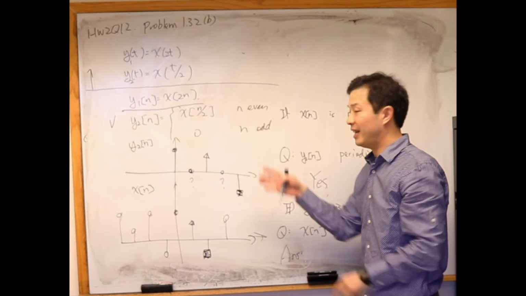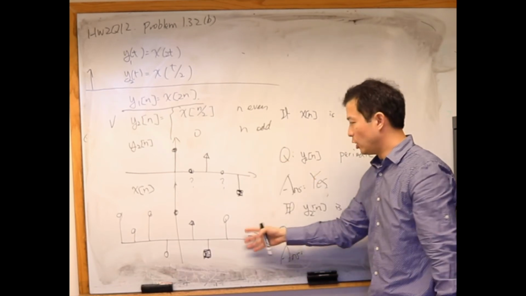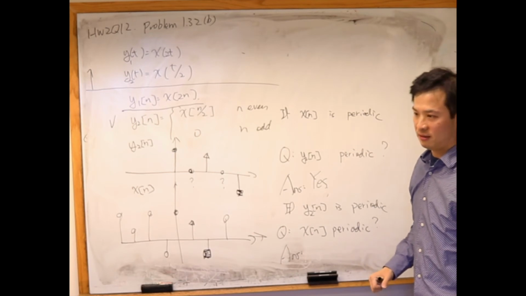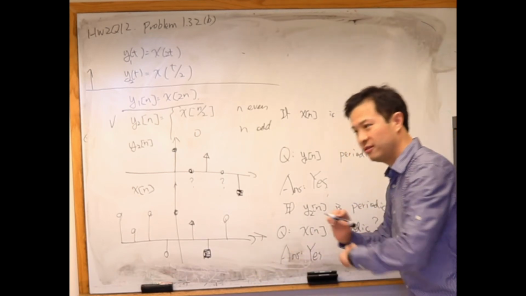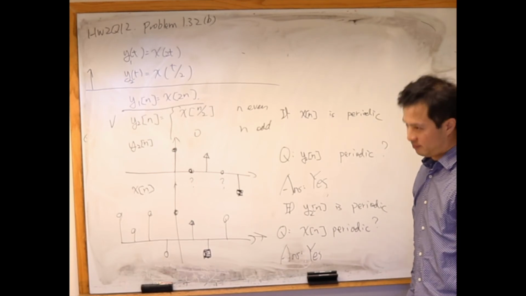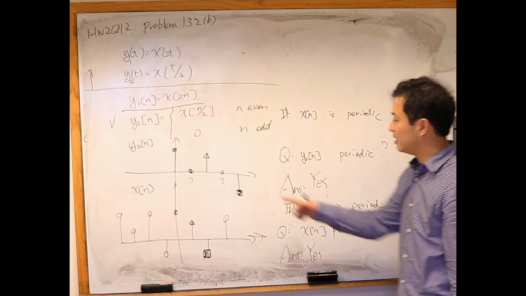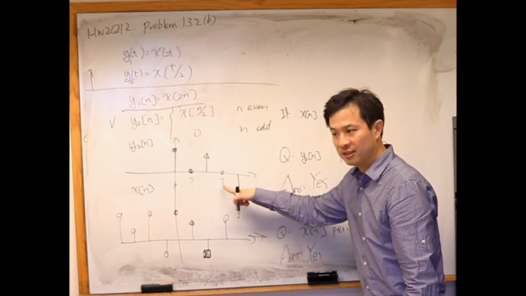I'm telling you the end result is repeating itself. Is the original signal repeating itself? Yes, very good. Why? Because you're just removing the values that were zero. That's right. So basically, I'm not losing any values during this process.